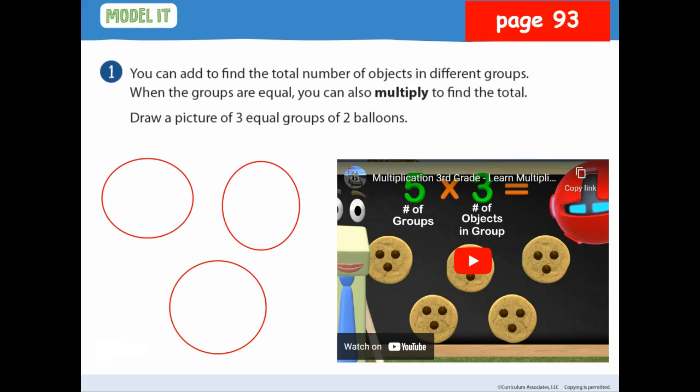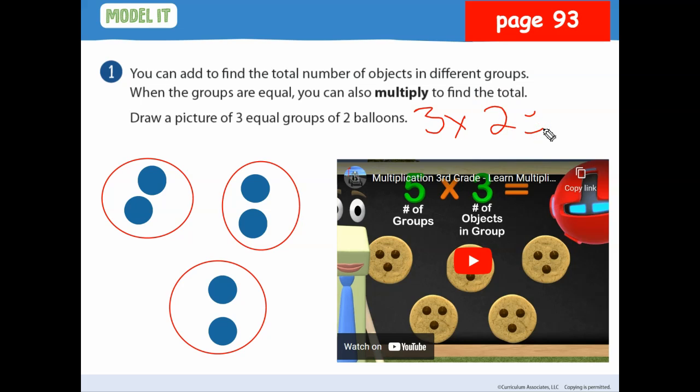Each group is going to have how many balloons? 2. 1, 2, 1, 2, 1, 2. So my multiplication equation is this. How many groups are there? 3. 3 times how many in each group? 2. 3 times 2, and then how many total? 6.